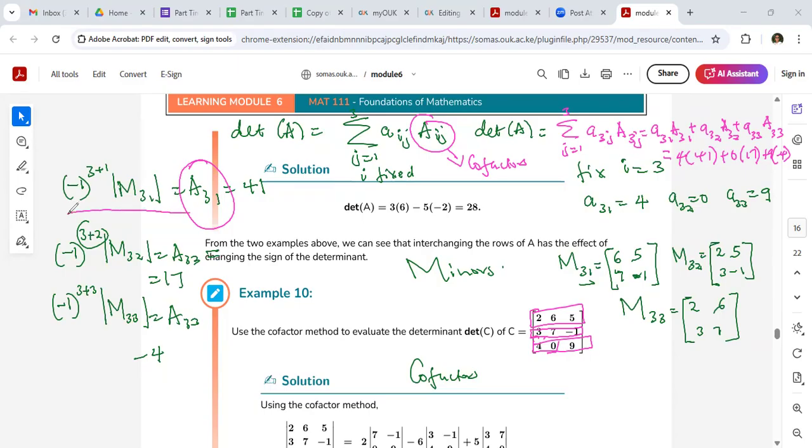You see these values I'm finding here are the cofactors. And now small a, small j. a is a pivot, the pivot element. Can you see them here? Yes. The pivot elements.